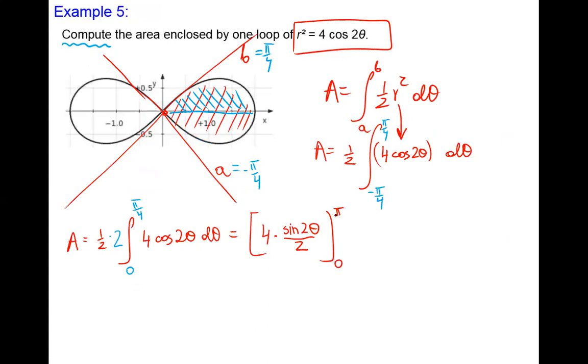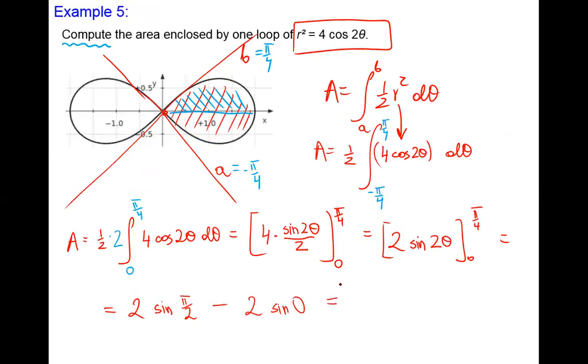From 0 to pi over 4. The 4 and 2 we can cancel out. Then we have 2 times sine of pi over 2 minus sine at 0.